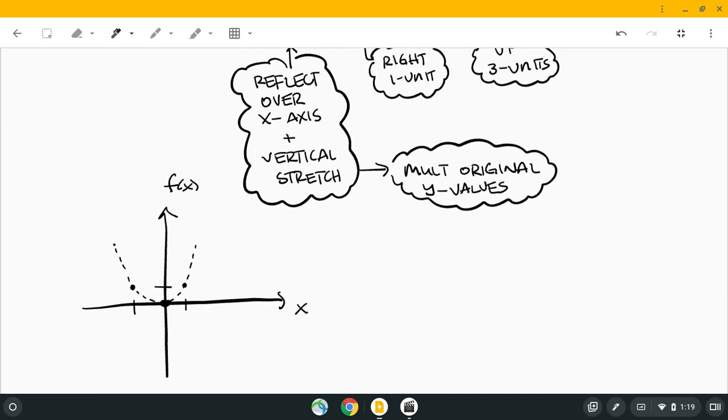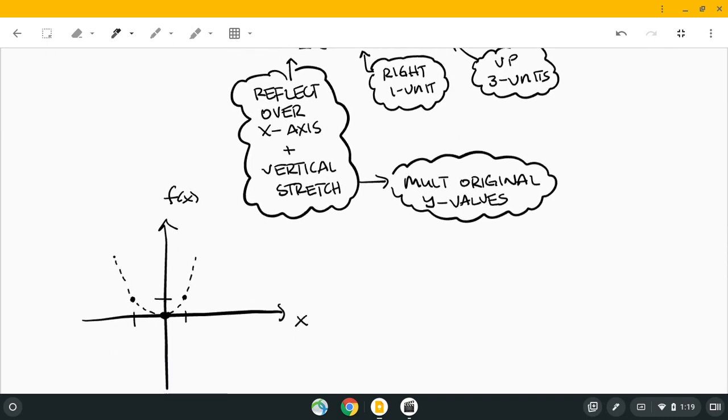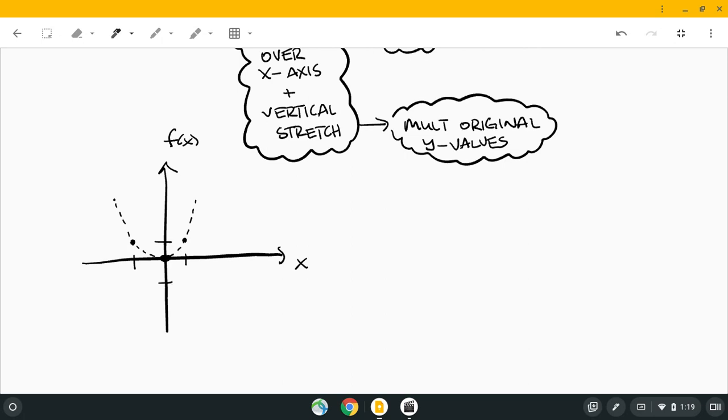I'm going to multiply the original y values by negative 2, and that will give me a point down here. I'll keep that one, and then I have that one. This is how I get my reflection over the x-axis and my vertical stretch, because here this only had a distance of 1, but now it has a vertical distance of 2.